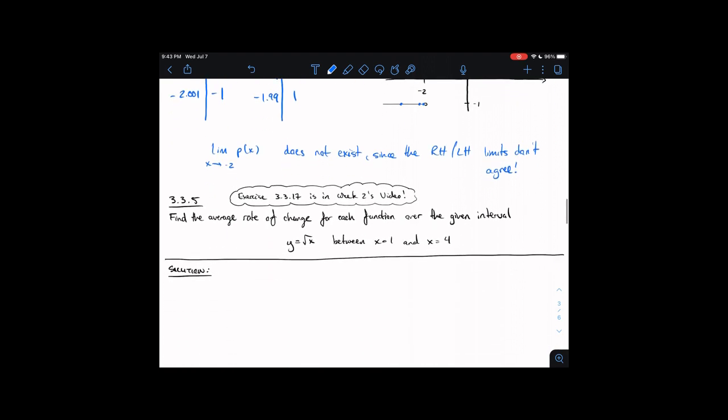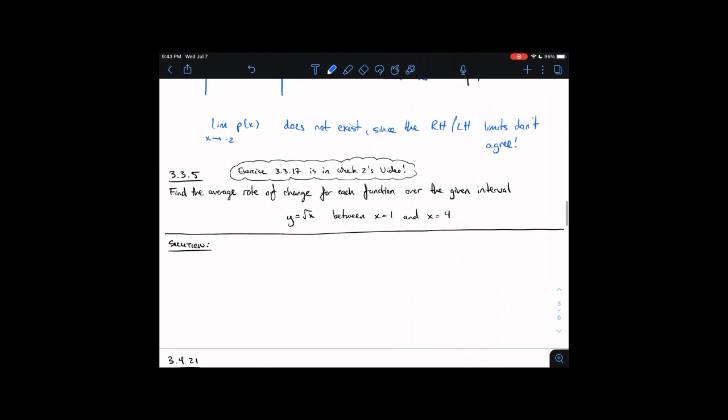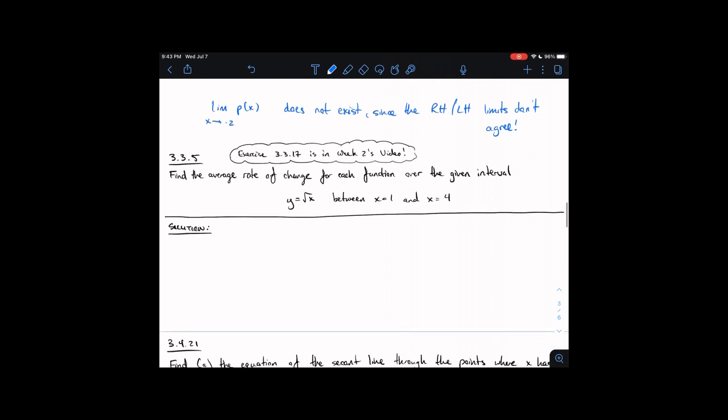Okay. 3.35. This is a very straightforward problem on rate of change. So this is just going to be another sort of plug in a formula kind of thing. The other exercise from this section is a bit more interesting and a bit more difficult, but it was something I did in last week's video.